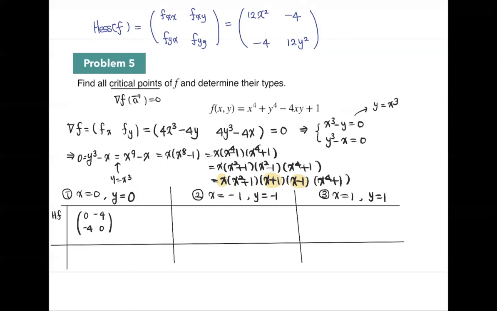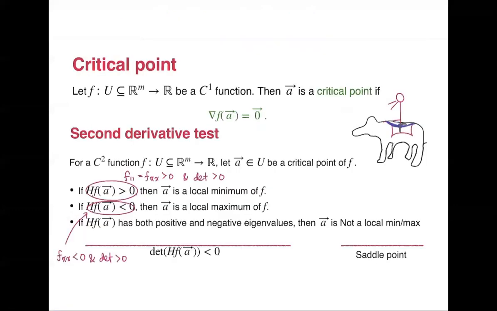In this case, the first entry is 0, so we cannot verify whether it is a local maximum or minimum using fxx, which in those cases needs to be bigger than 0.